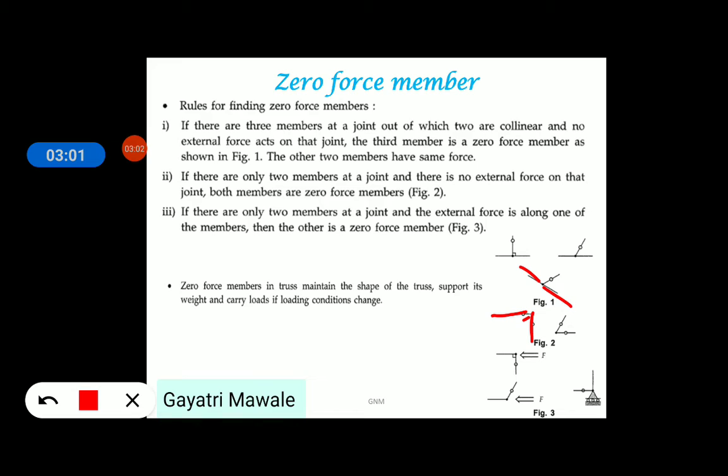If we write down the equilibrium condition for this joint, then summation Fx must be 0, and to satisfy this, the horizontal force must be 0. To satisfy summation Fy equals 0 for this joint, this vertical force must be of 0 magnitude. And that's why it is said that the two forces are zero force members.